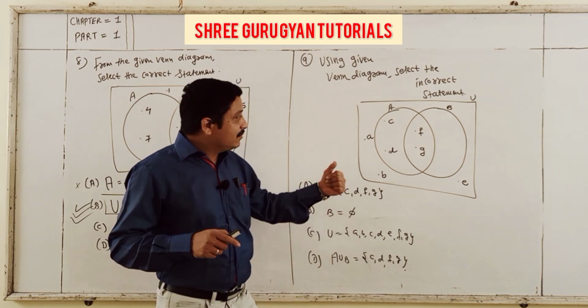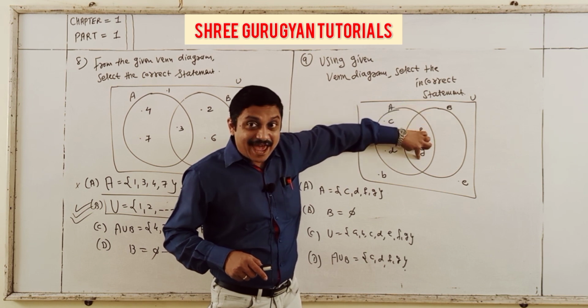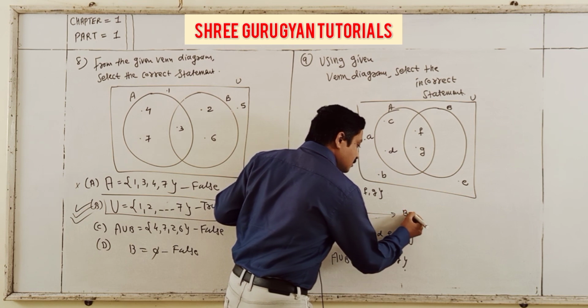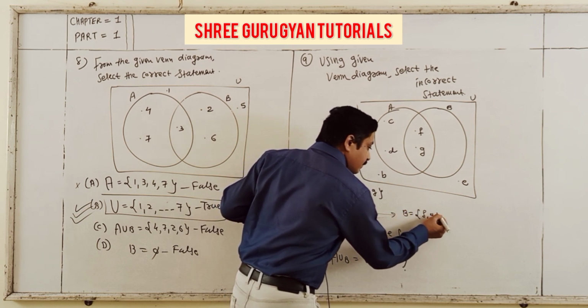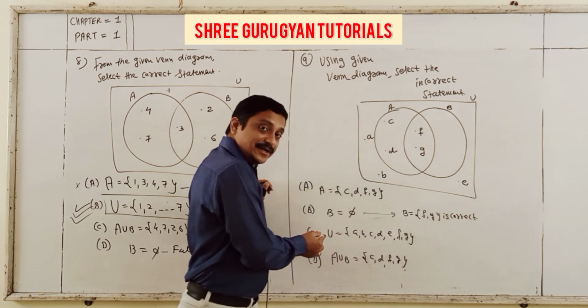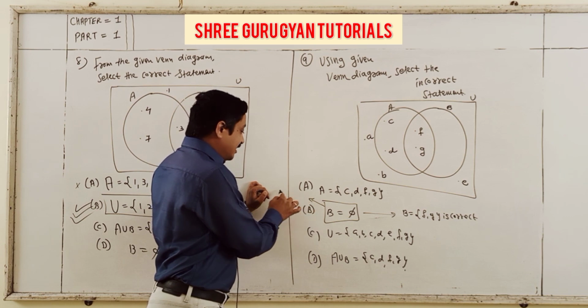You are right, because B is actually with set FG. Actually, correct is B is FG, and in your option printed null set, it means this is incorrect.